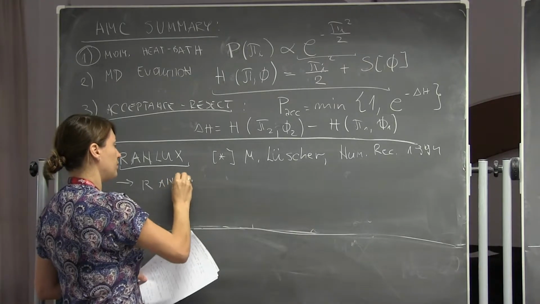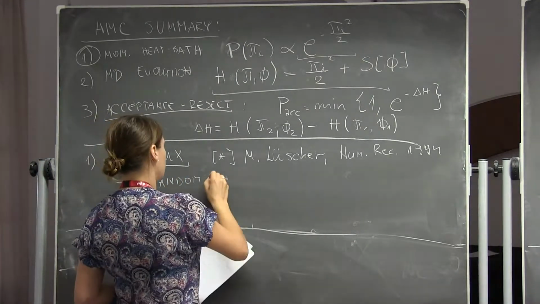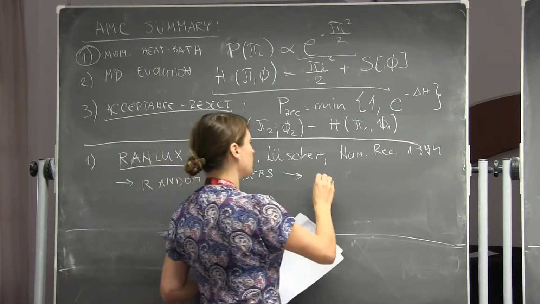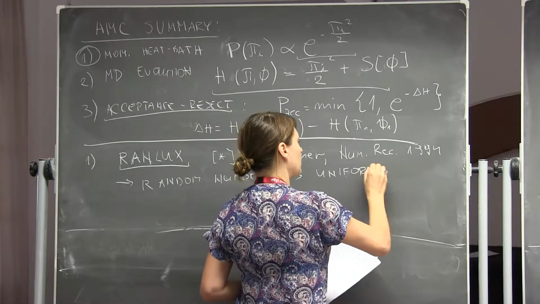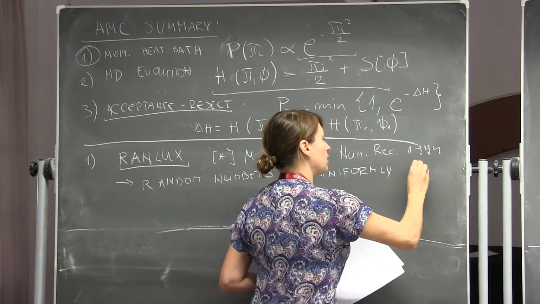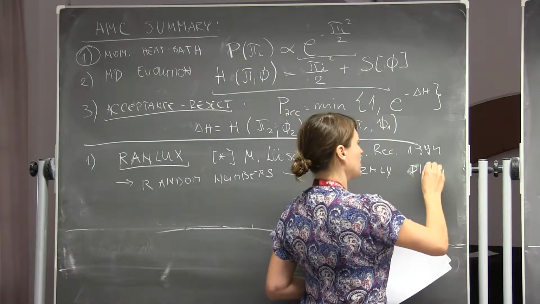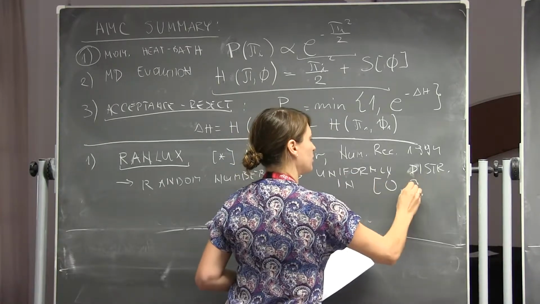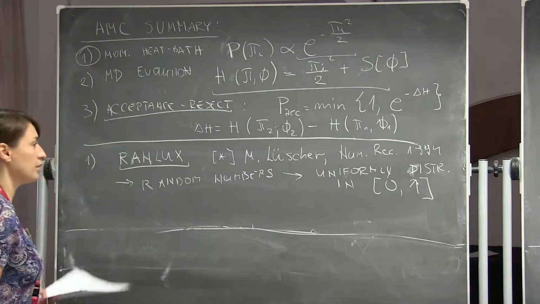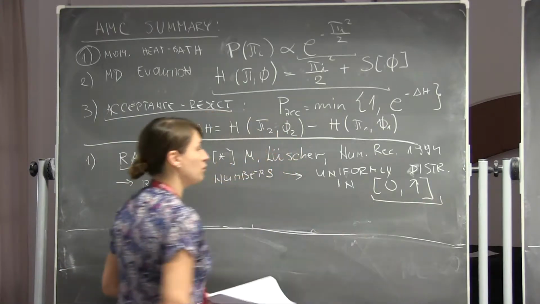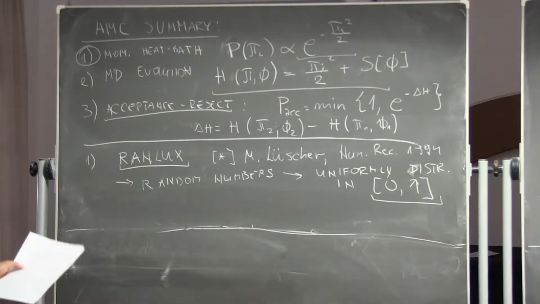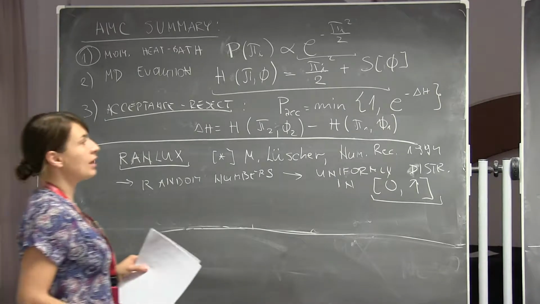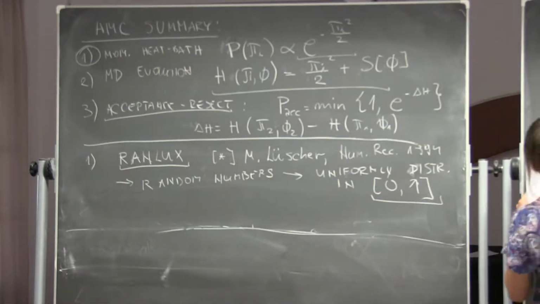So we will use random numbers uniformly distributed in the interval between 0 and 1. And then to obtain the normal distribution, we will apply the so-called Box-Müller procedure.